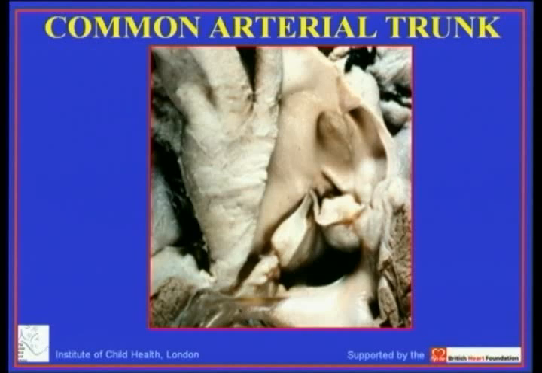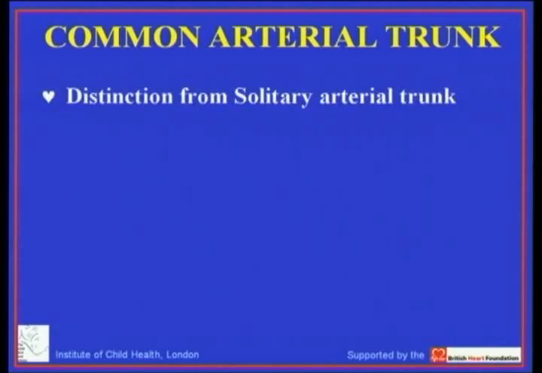So this is what we are talking about, and I'm sure you will see several examples of this very shortly. The trunk supplies directly the brachiocephalic arteries, the pulmonary arteries, and the coronary artery. And as you see, it is leaving the base of the heart, the arterial valve.